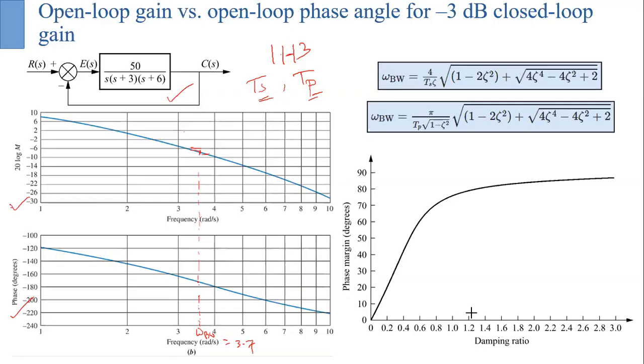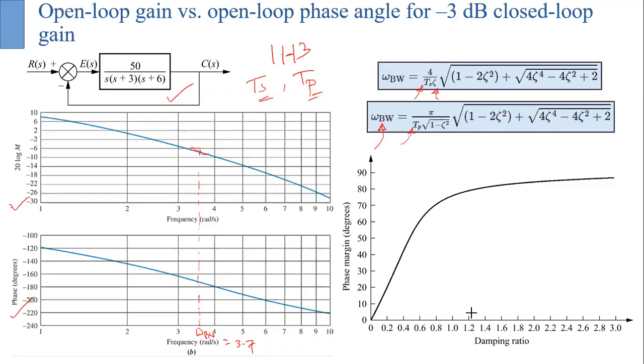For calculating this, we need two things. One is the bandwidth frequency, and the other unknown is our zeta. If you know these two parameters, then you can easily figure out the value of your settling time as well as peak time.